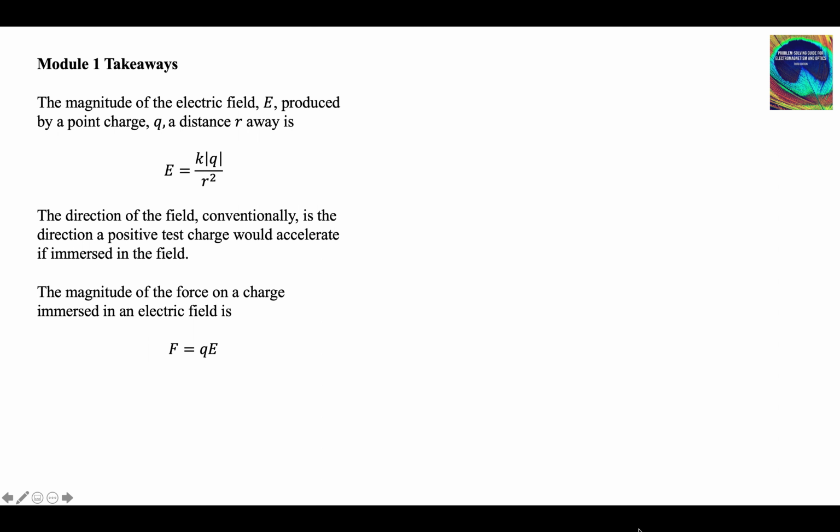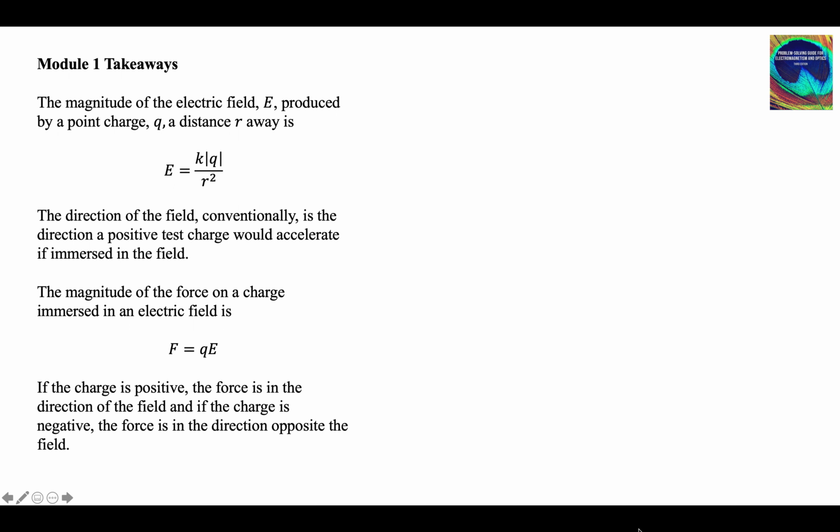F is qE, where q is the electric charge and E is the force per unit charge, newtons per coulomb. That's how you get the force. If the charge is positive, the force is in the direction of the field. If the charge is negative, the force is in the direction opposite the field. There are two types of charge, and we have to account for that.